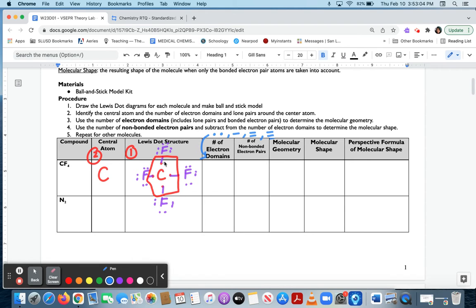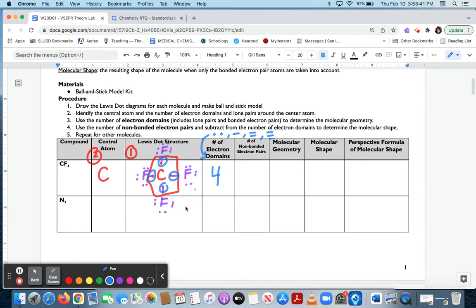So within carbon, there are 4 electron domains because there's 1, 2, 3, 4 single bonds here. So therefore, there are 4 electron domains. Notice I did not count the lone pairs surrounding fluorine, mainly because they are outside of the central atom. I only need to count the electron domains directly connected to the central atom.